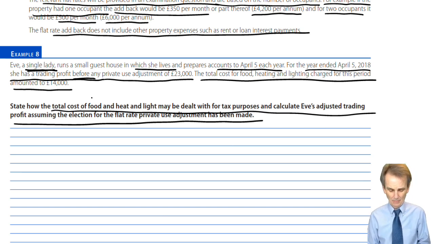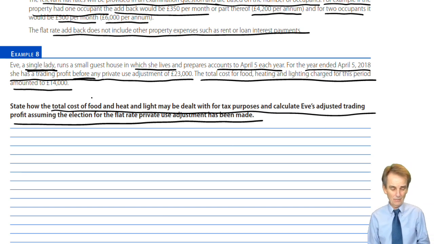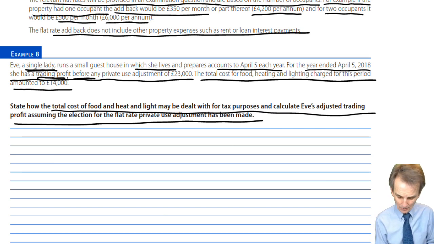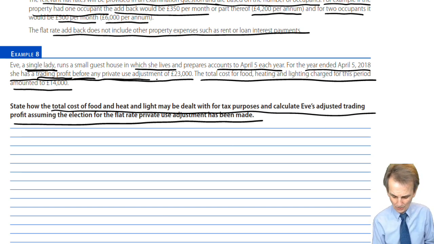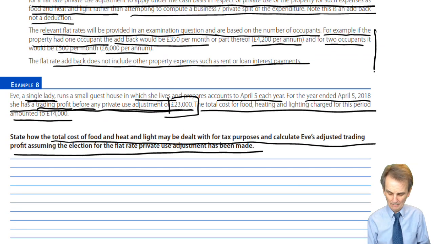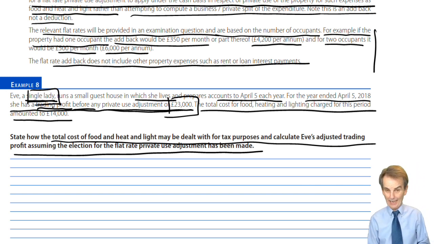But when it comes to dealing with the cash basis, then it's ever so much easier. All we've got to do is pick up the trading profit before any private use adjustment. That was £23,000. Pick up from the question, here it's not stated because I've just given you the information up here. Based on how many occupants, Eve, as we know, is a single lady, and therefore there's just the one, then on that basis, £350 a month.